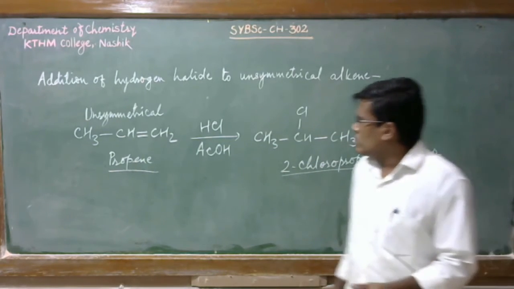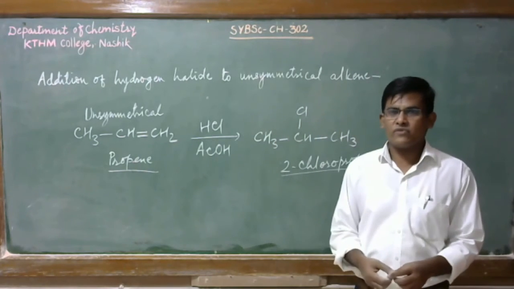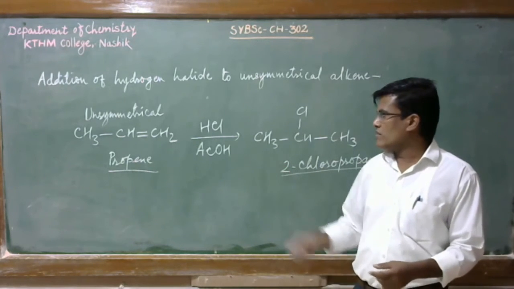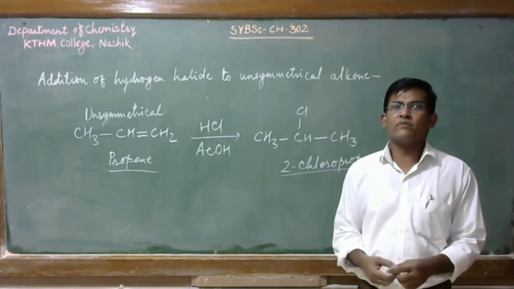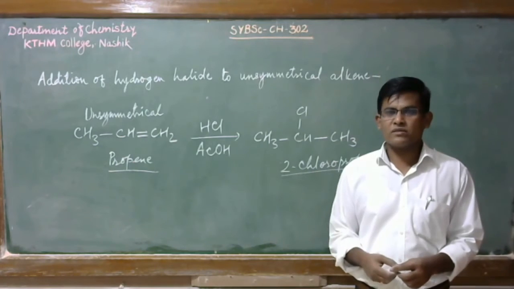So what does it say? The Markovnikov rule says that when you add the hydrogen halide to unsymmetrical alkene, hydrogen will add to the carbon where more hydrogens are present.